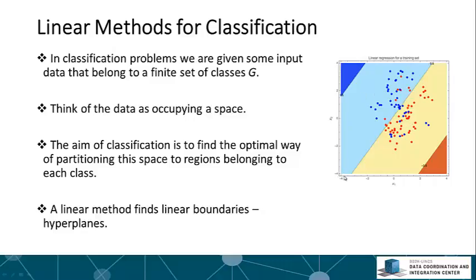So we say any point in this blue region is predicted to be from the normal state, and every point in this red region is predicted to be from the disease state. And linear methods of classification are ones which calculate the optimal division of the space in order to predict the class.